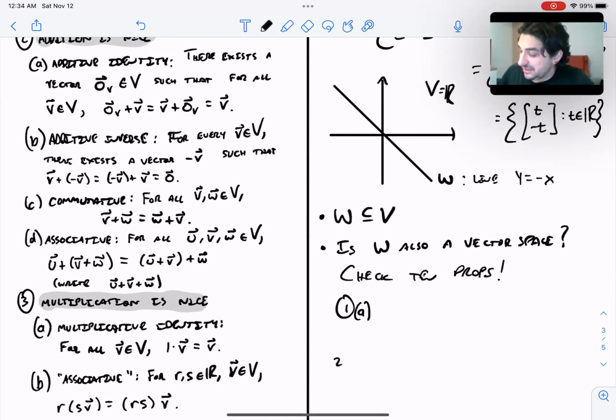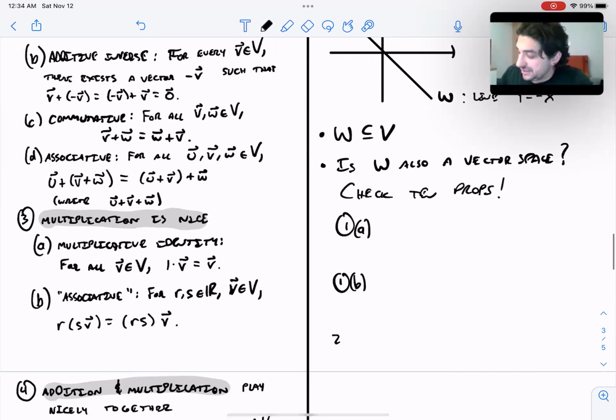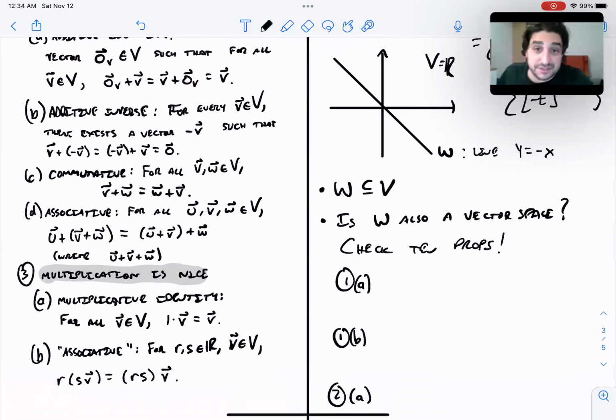You really have to check 1B. And you really have to check 2A, right? So you have to check that it's closed under addition. You have to check that it's closed under scalar multiplication. And you have to check that it has the additive identity. You have to check that the zero vector is in there, right? There's no way around that.